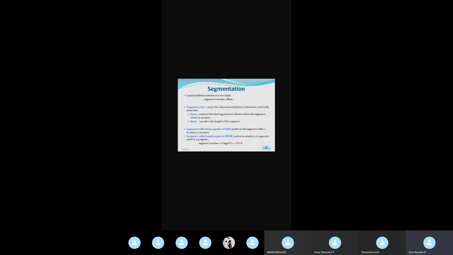That is, a logical address will be generated by the CPU, and that logical address will be checked with the limit register, and if it is less than the limit register, it will be added to the base register, and finally we'll be obtaining the physical address. In the previous case we saw like that. Okay, that is the general case which is used for contiguous memory allocation.